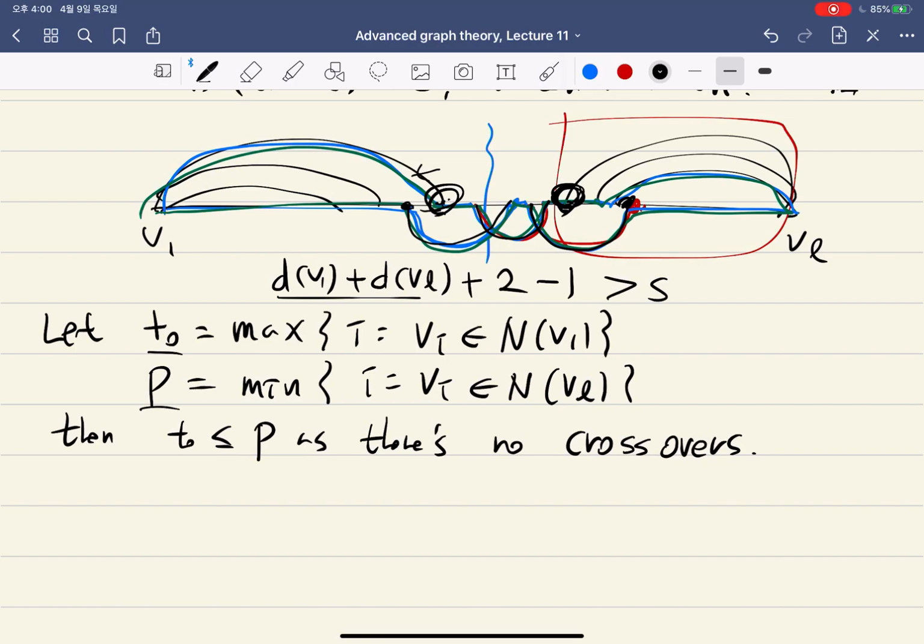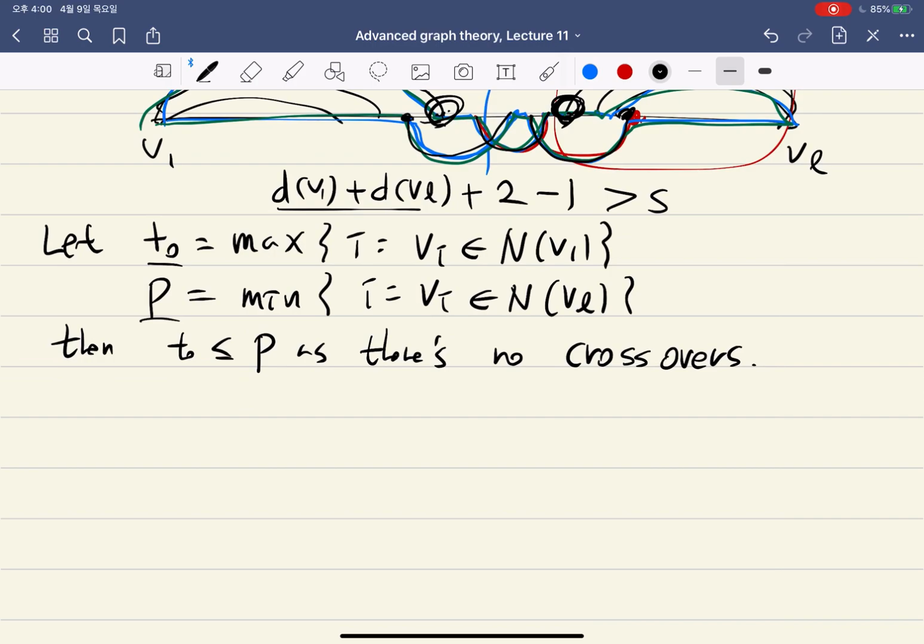We assumed that the circumference is strictly smaller than the minimum of N and S, but we get a longer cycle, so contradiction. So as long as we find such a cycle containing all neighbors of P1, all neighbors of PL, and P1 and PL, then we are done.